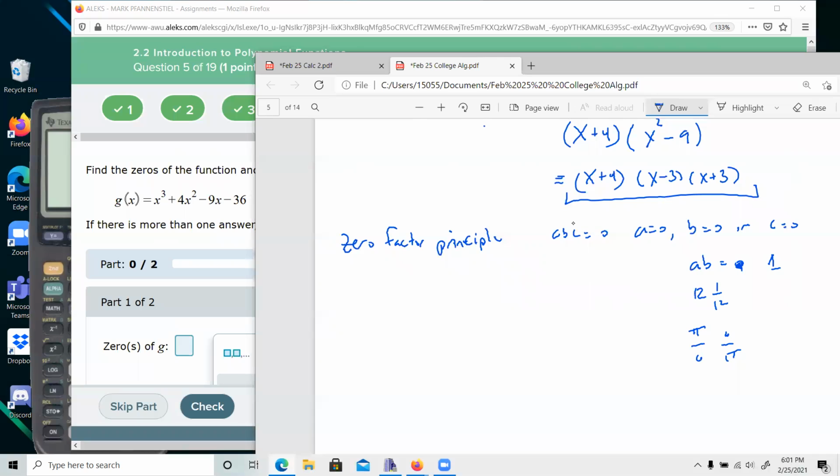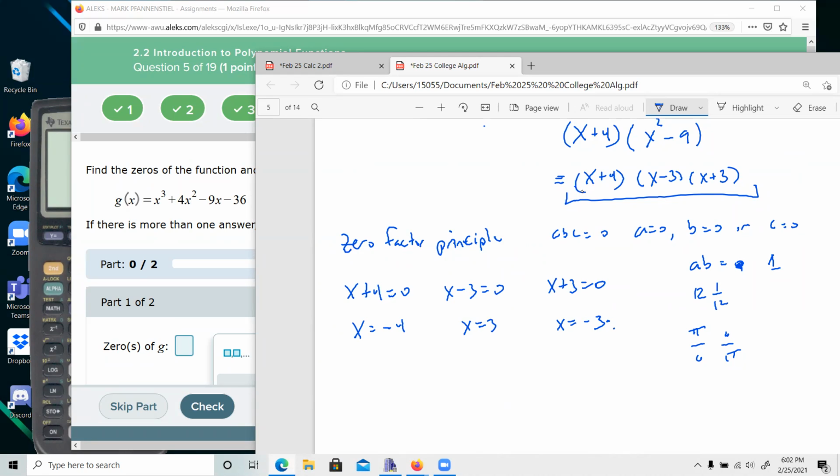So we have this. Either x plus 4 is equal to 0, x minus 3 is equal to 0, or x plus 3 is equal to 0. Meaning that x is equal to negative 4, x is equal to 3, x is equal to negative 3. If you're ever doing something by hand for me and you go from this step to this last step, I'm going to know what happened. I'm not going to take off points.